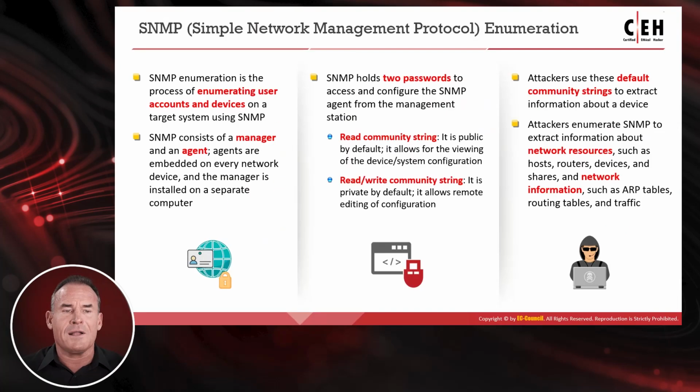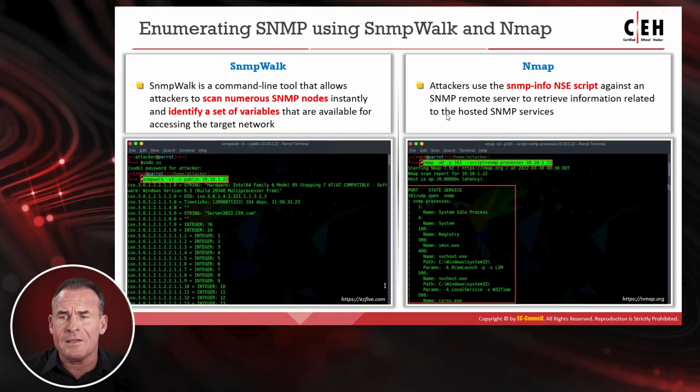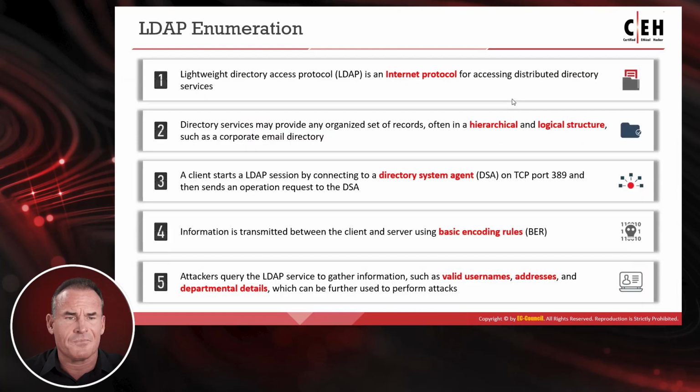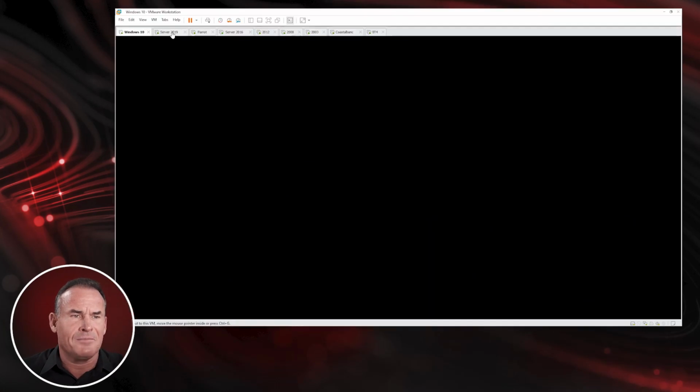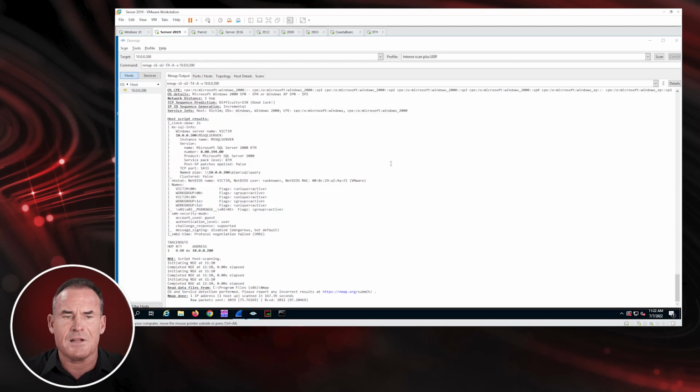So I can run an SNMP walk utility. There's tons of them. SNMP walk, Nmap has a script for it. And again, a ZenMap scan will include all that SNMP information. And then there's graphical browsers and a ton of other SNMP tools.